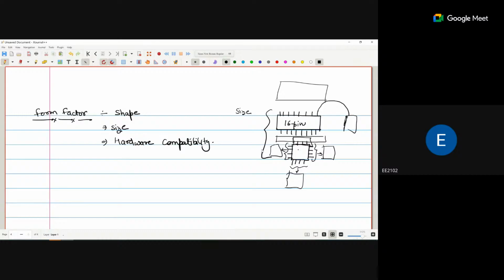There are different types of chargers. So how many particular products your device is compatible with will define the hardware compatibility. All these parameters will be combined and they will define the form factor of any chip, any particular system.